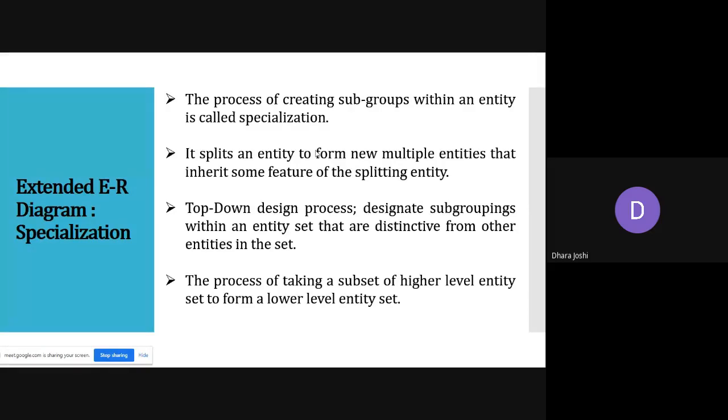If account, then specifically how many account types? It can be saving account, current account, like this. And if we are talking about loan, specifically which kind of loan, it can be home loan or anything. It also uses a triangle component labeled as "is a".